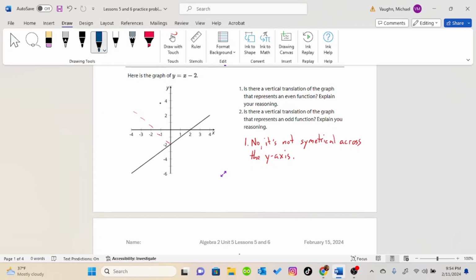Number 2, is there a vertical translation of the graph that represents an odd function? Explain your reasoning. In this case, if I shift up 2, then I have a line that goes through the origin.